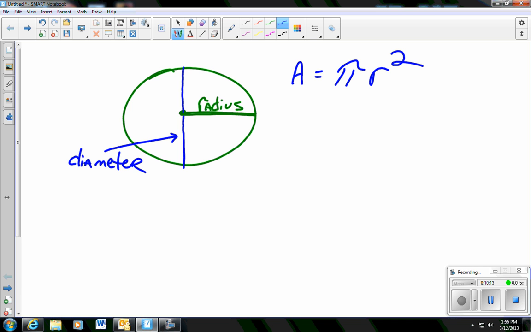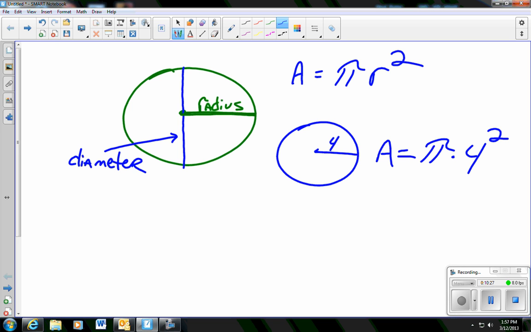So we have to pay attention to what measurement they're giving us here. So if we have a circle like this, and the radius is 4, then we would say area equals pi times 4 squared. Now, typically, we'll use 3.14 for pi.